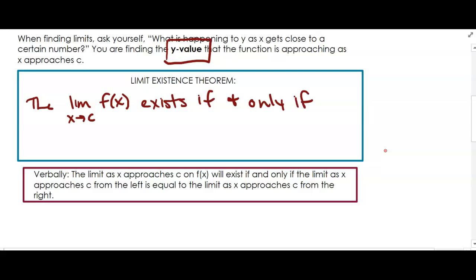So the limit as x approaches c of f of x exists if and only if the limit as x approaches c from the right of f of x is equal to the limit as x approaches c from the left of f of x. And so let's talk about that.